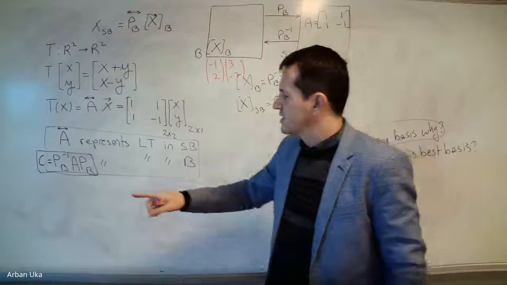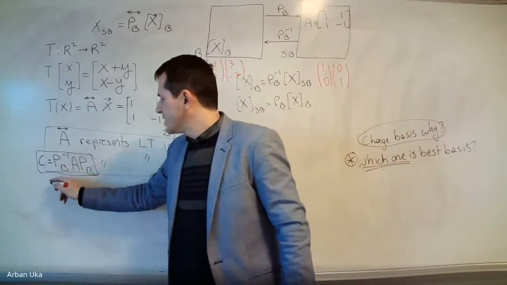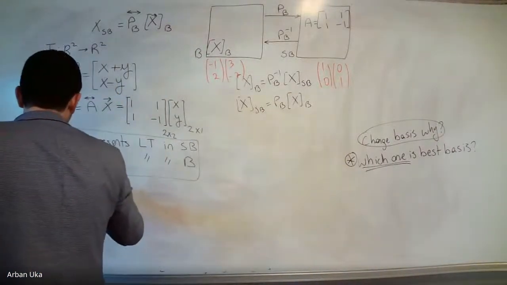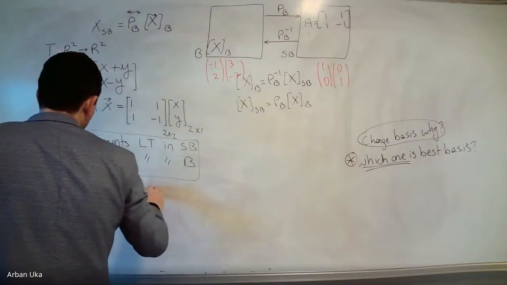For any matrix C which can be represented like this, C and A are called similar matrices.